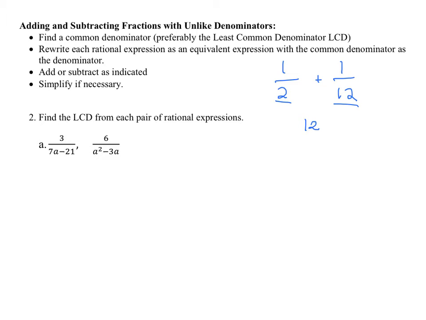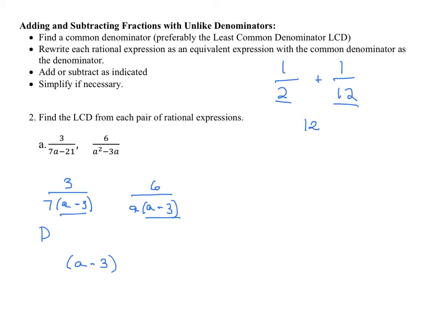Well, first, just like anything that we've been doing so far, we're going to factor those denominators. Good? And to get a least common denominator, this is how you do it. Anything in common, you write it down once.